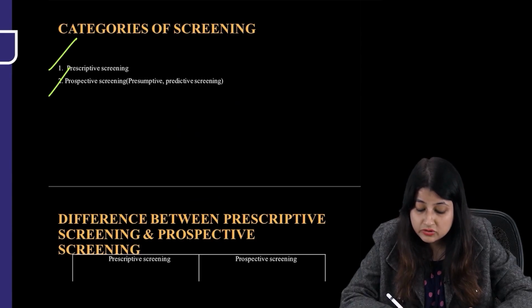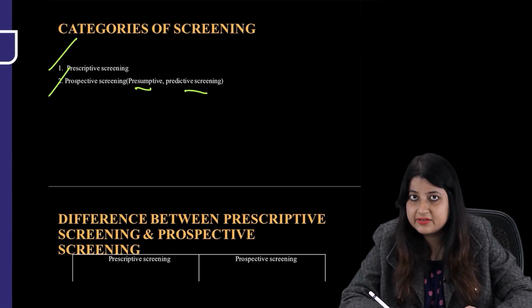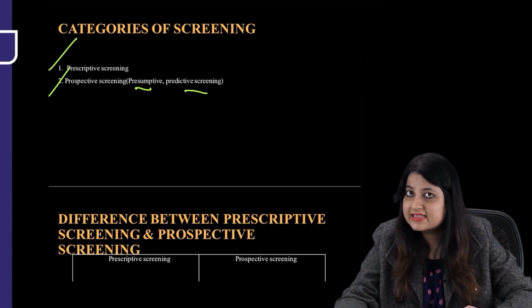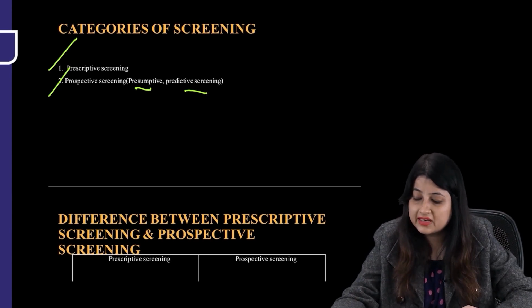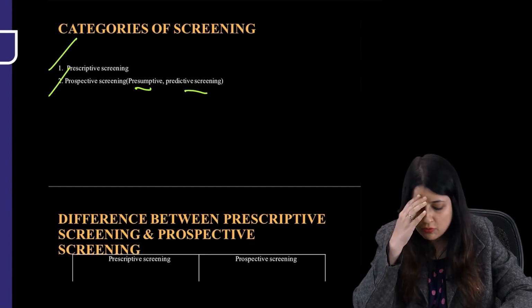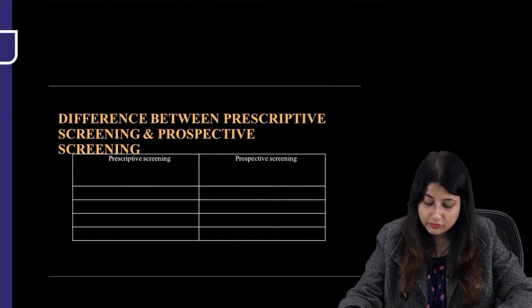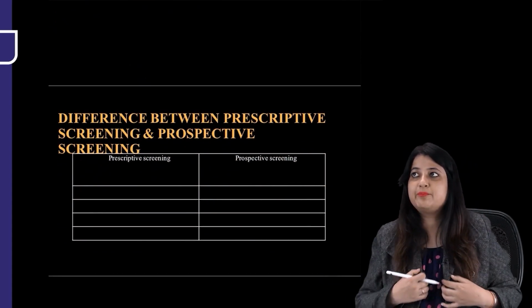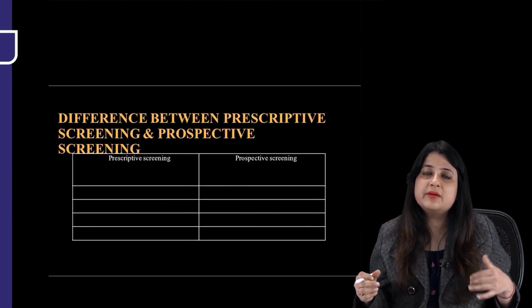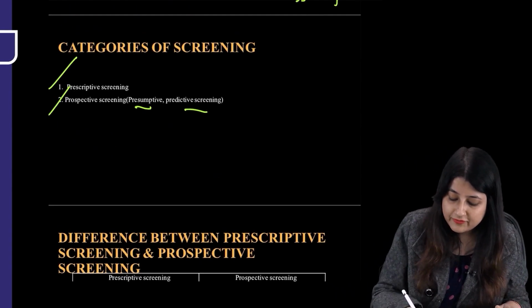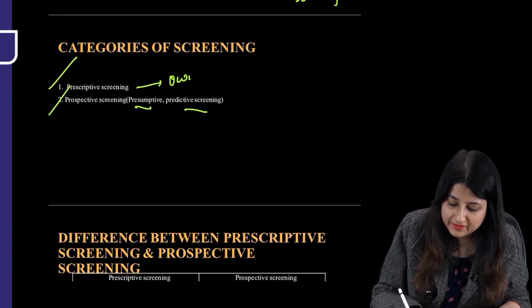Prospective screening is also known as presumptive or predictive screening. Like you must know, high risk screening is the same as selective screening. Similarly, what is prescriptive and prospective screening? Prescriptive is like prescribing. Prescriptive screening is done for one's own benefit.